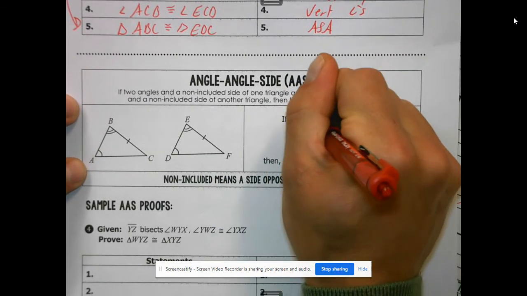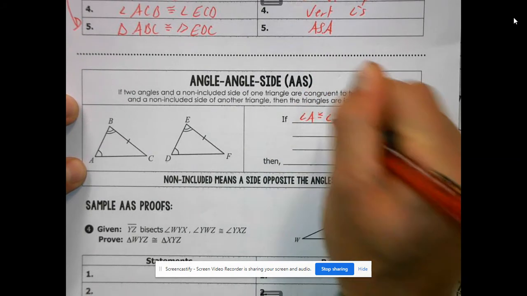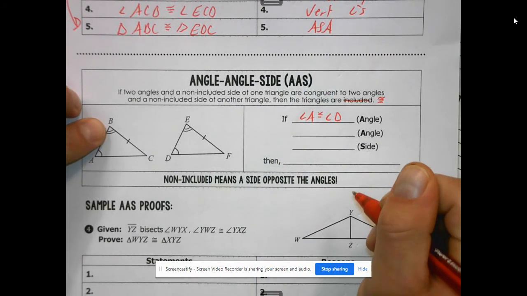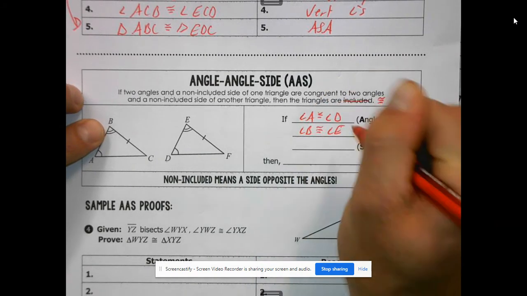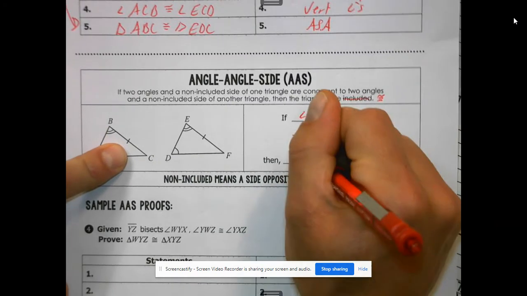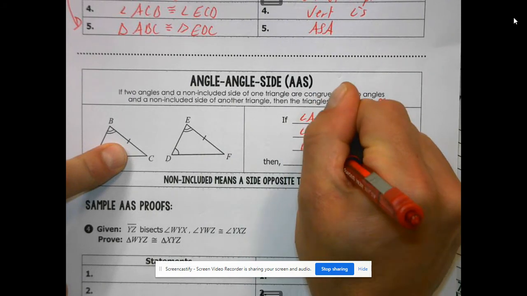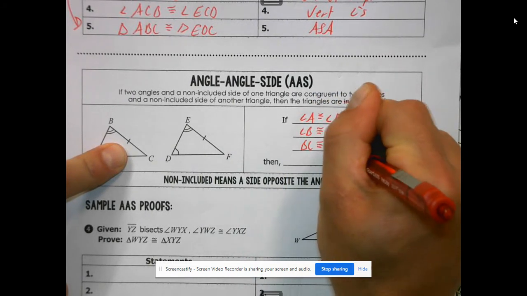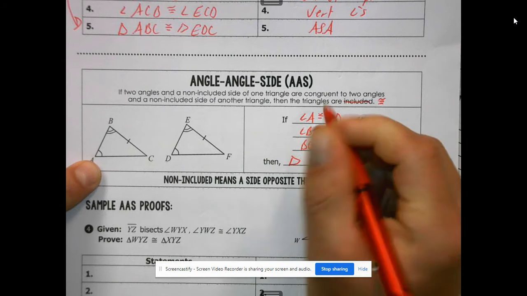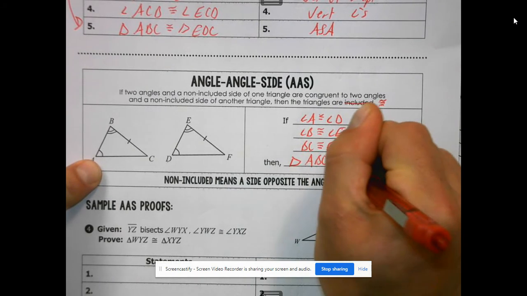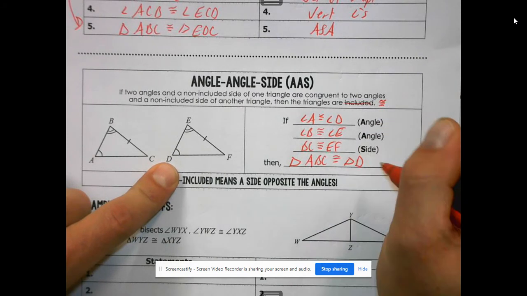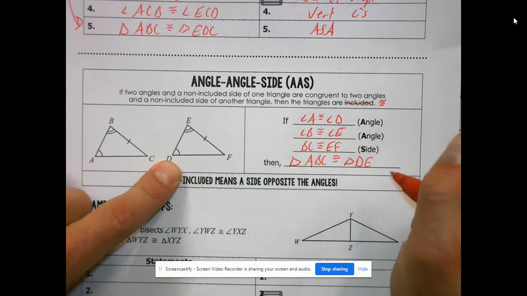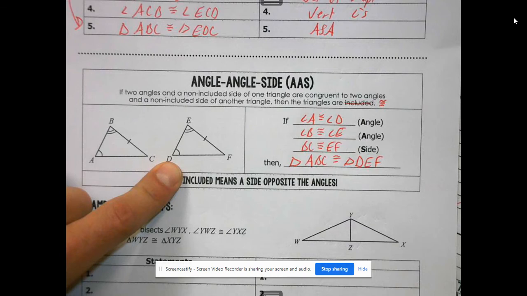Angle A matches with angle D. Angle B matches with angle E. And the non-included side, side BC, is congruent to side EF. Congruency statement, I'm going to say triangle ABC is congruent to, match them up, A hooks up with D, B goes to E, and C matches with F.